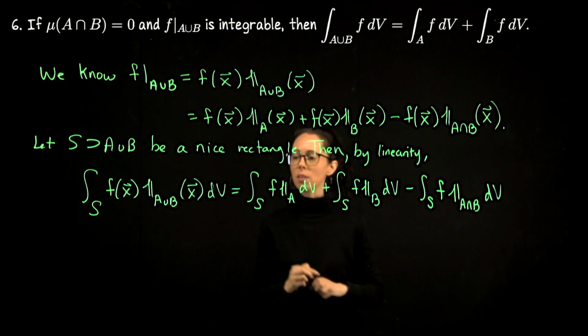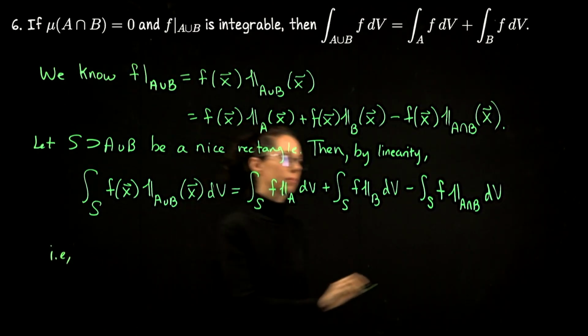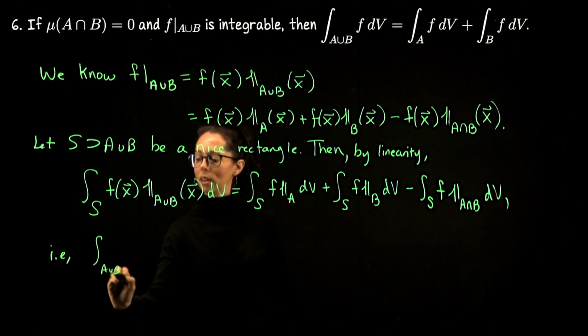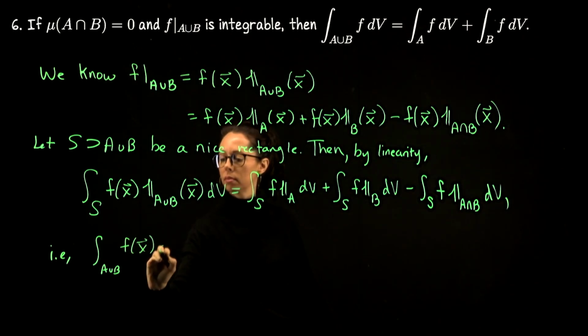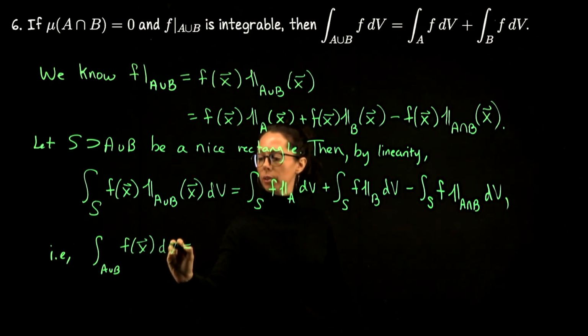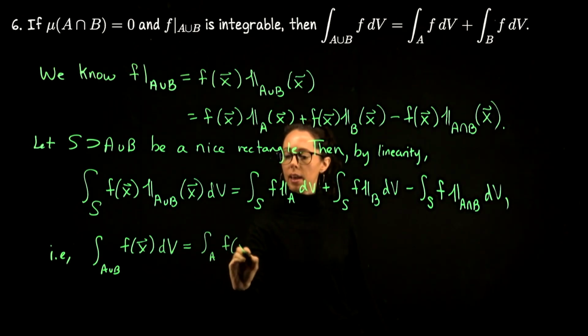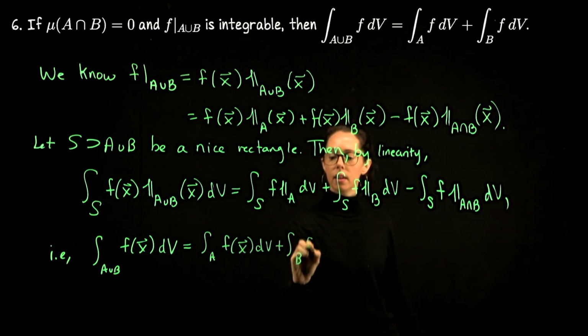So now we can pass down to the different domains of integration here, i.e. the integral of f over A union B is equal to the integral over A of f plus the integral over B of f.